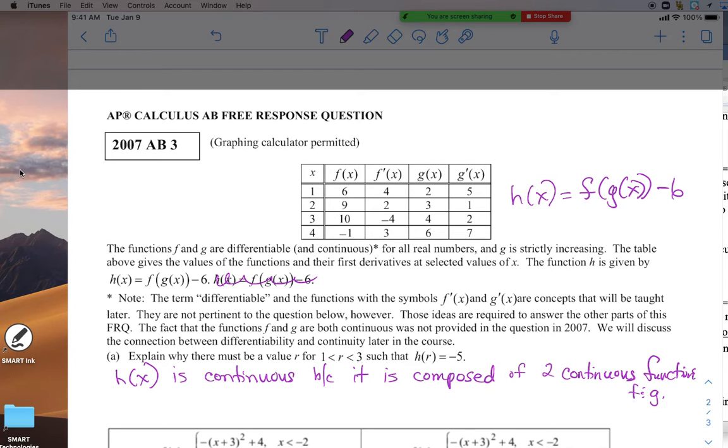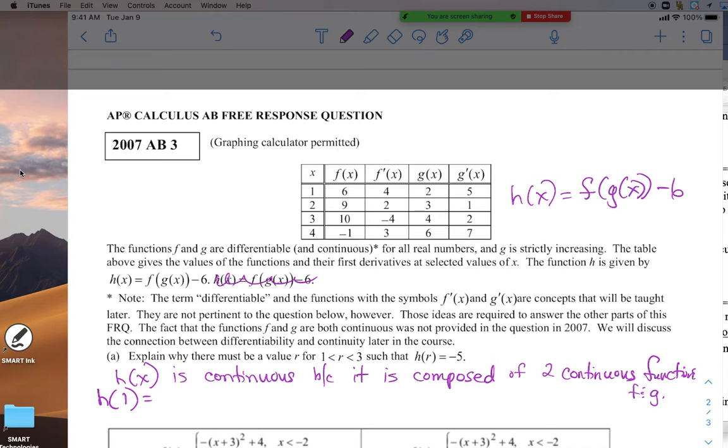Now the actual question says this: explain why there must be a value r such that r is between 1 and 3, such that h of r equals -5. So we know it's continuous. Now we're going to go look at h of 1.